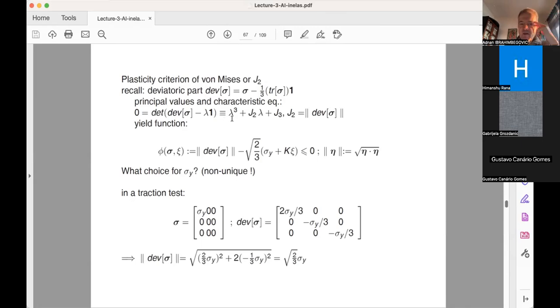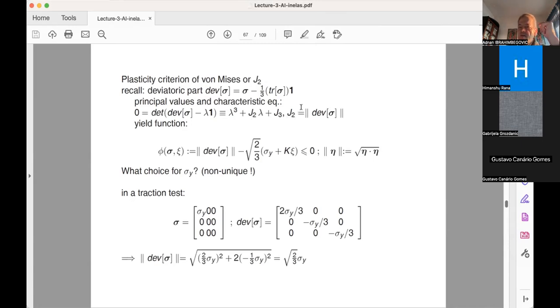In other words, you have lambda to the power 3, minus J2 lambda, plus J3. Now, this equation should be invariant, whatever coordinate system you are using, because the eigenvalues are always the same, no matter what coordinate system you're using. And so basically, J2 happens to be one of these invariants that feature into the characteristic equation.